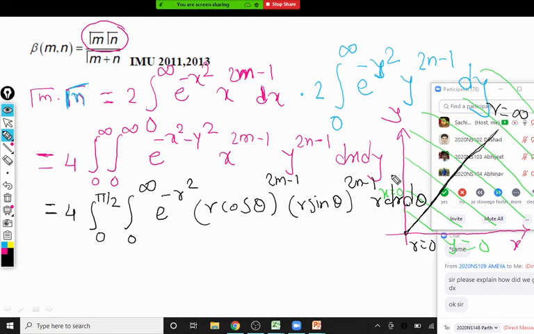Now the second last step: this double integral, again we have to split into single integrals. Let me write the integral of r separately and the integral of theta separately.